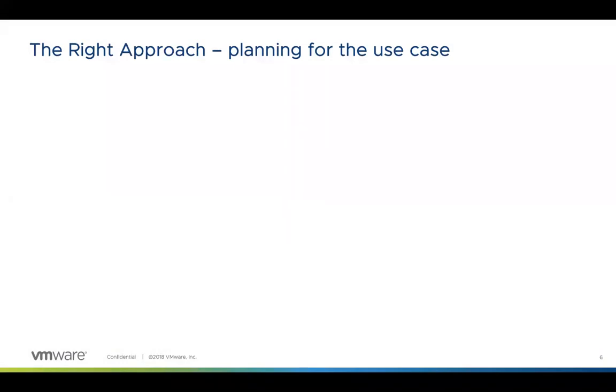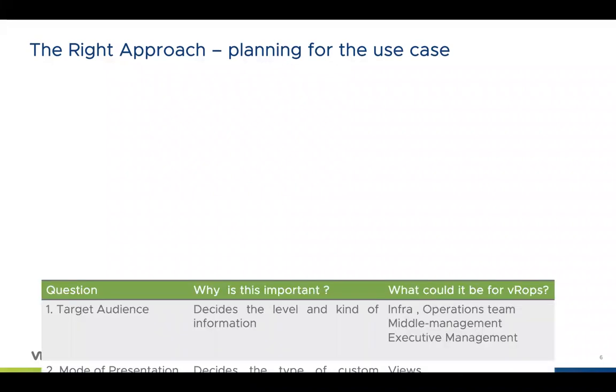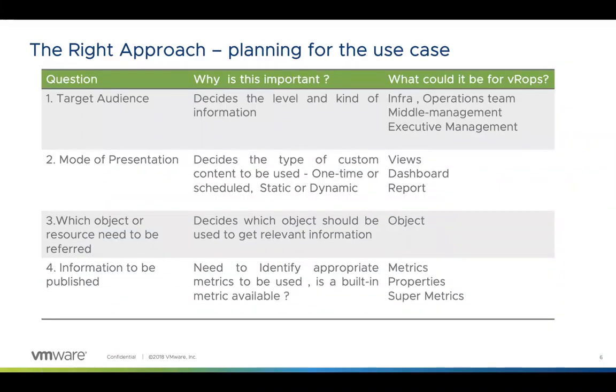So when you get a use case which needs to be converted in VROps, you need to ask specific questions. The first question is, who is the target audience? Why is it important? Because it decides the level and kind of information you need to present in that content, right?